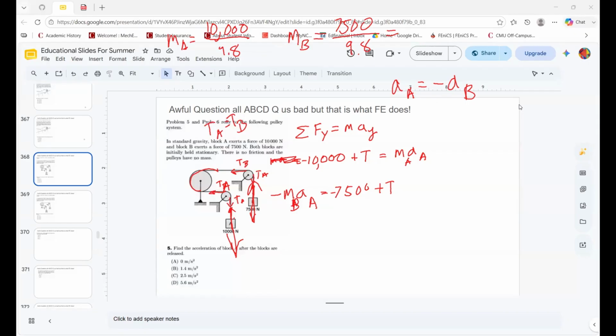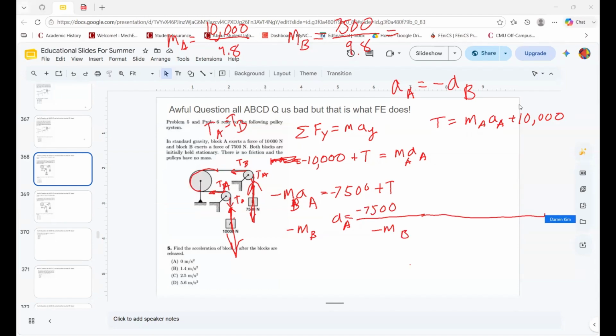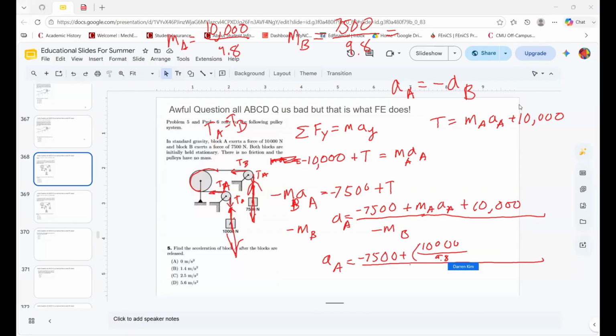We're not looking for tension, we're looking for acceleration. So T equals m_A a_A plus 10,000, which means minus m_B. So m_A equals negative 750, whatever m_A is, which is 10,000 divided by 9.8 multiplied by a_A, which, wait, no, I messed up.